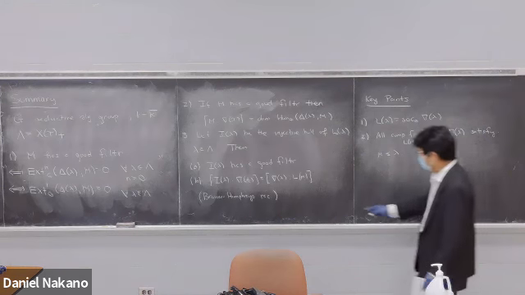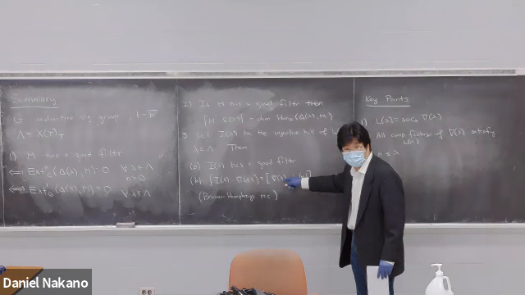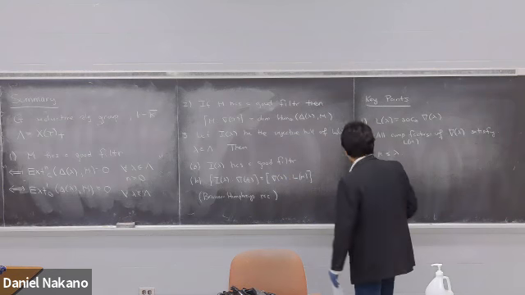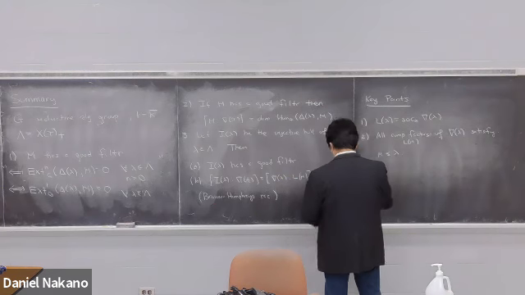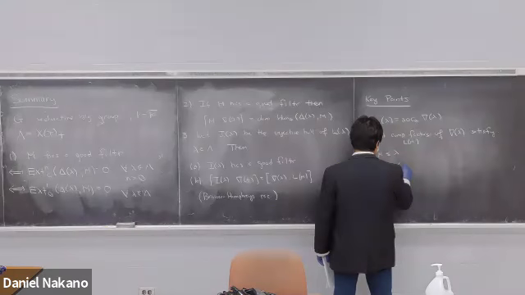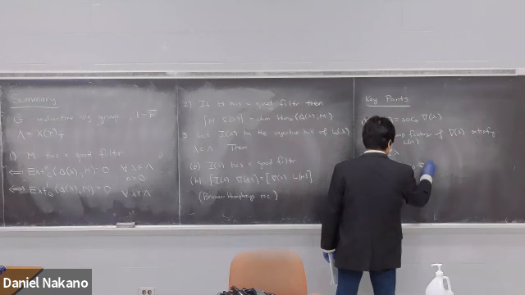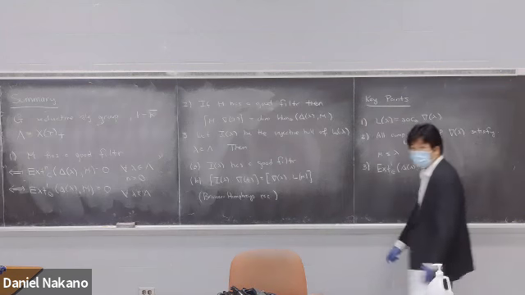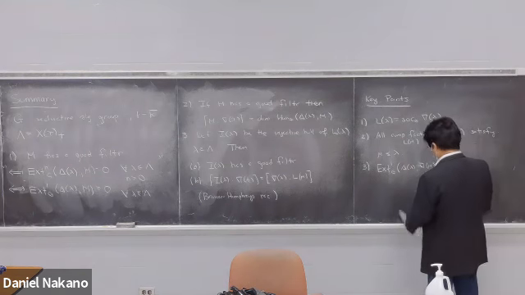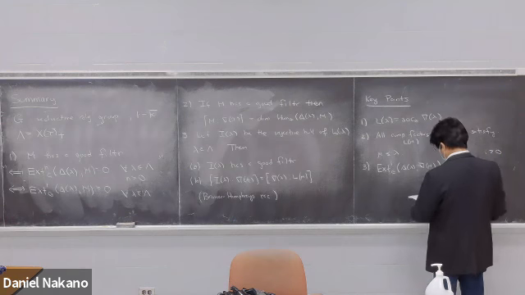So you actually have control over the composition factor multiplicities here and which ones actually occur in terms of the ordering. And then 3, we have this Ext criterion: Ext^i_G of delta lambda, nabla mu is going to be equal to 0 for i bigger than 0.